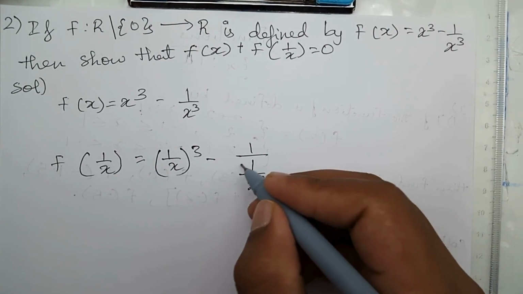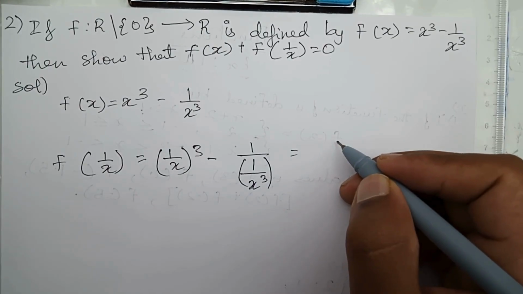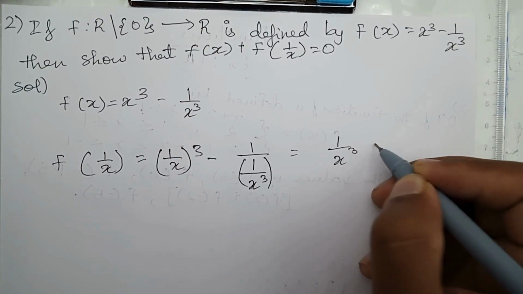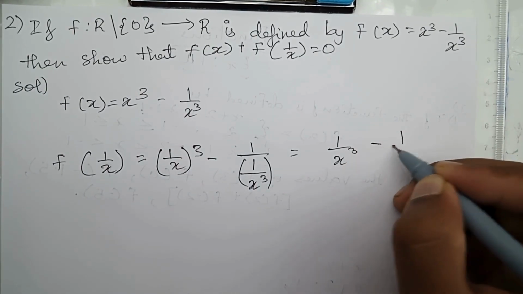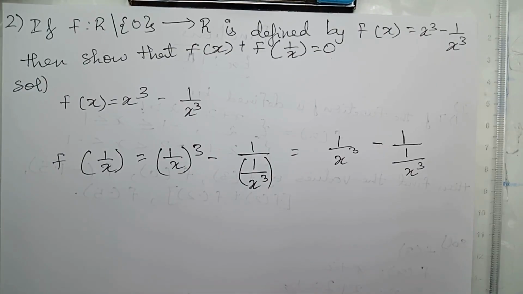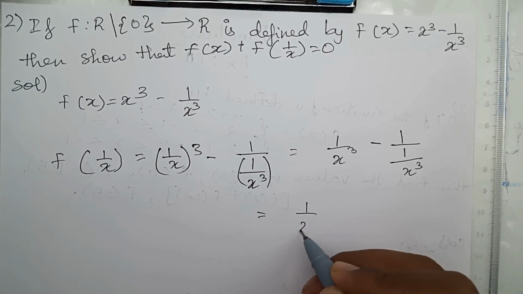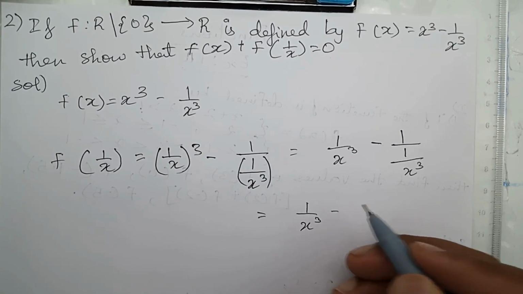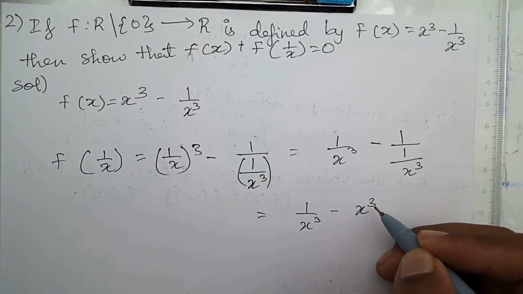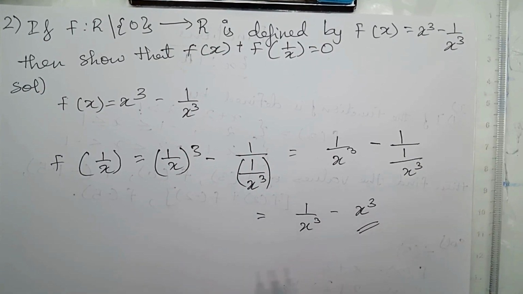So I have taken it here like this. Now the next one is 1 by x cube minus 1 by 1 by x cube. The next step is 1 by x cube minus x cube, which is the total answer for f of 1 by x.